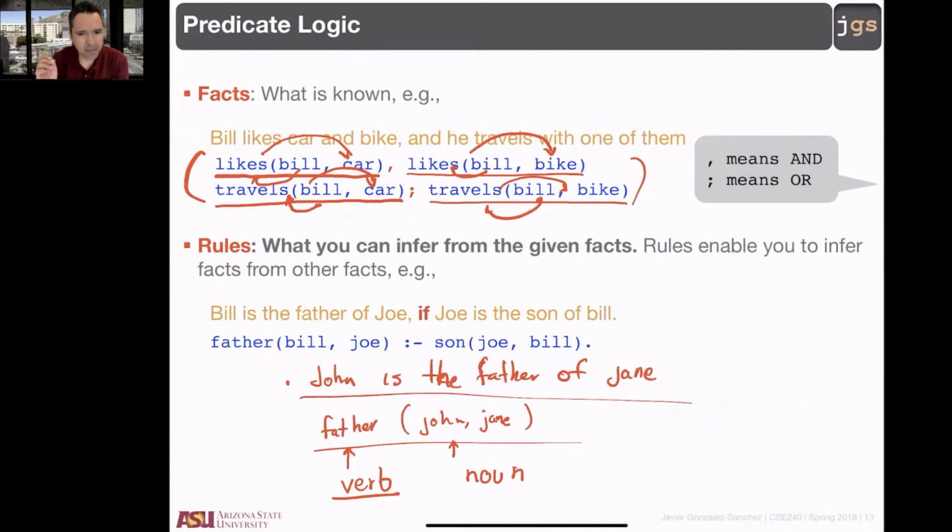What this person likes and what this person uses to travel. It's kind of a graph database. It's a database in which you have an item and all the connections of that item with other items that could be other people or other objects, and what is the name of that relationship.